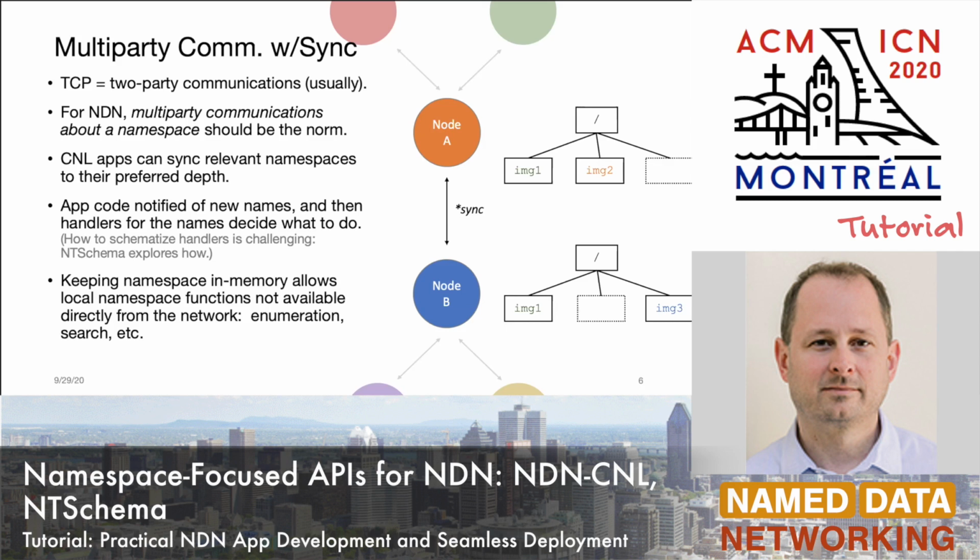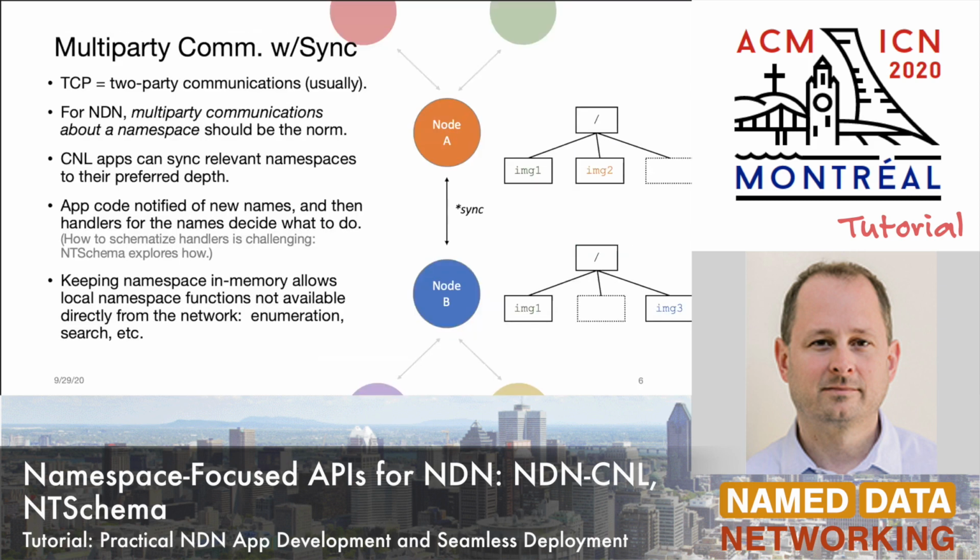And by keeping the namespace in memory and synchronizing across different instances, we're able to make some trade-offs. Of course, it takes more memory. There are more resources required to do this for large namespaces, and some optimization challenges as things get larger. But it also allows us to do things like enumeration, search, regular expressions, and so on against the namespace because we have that local representation.